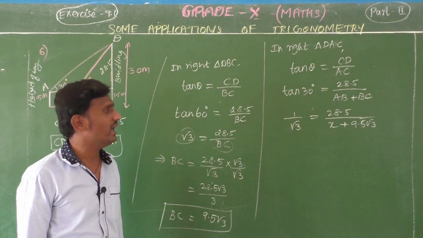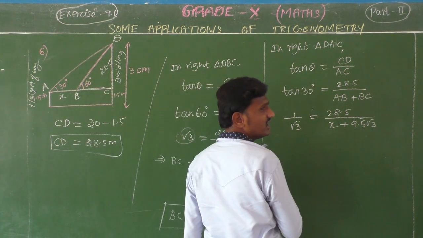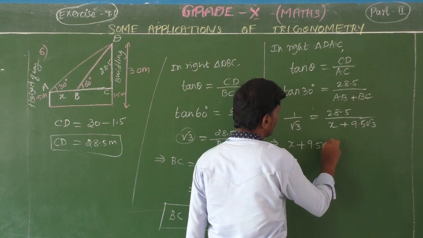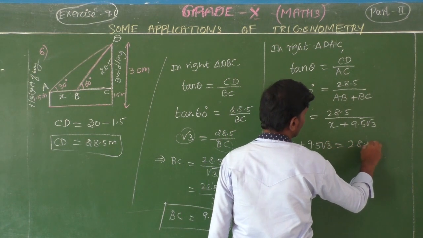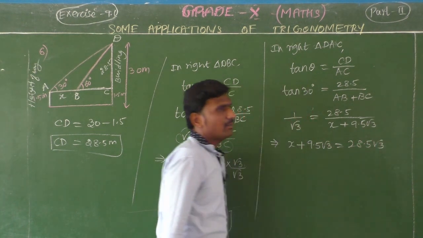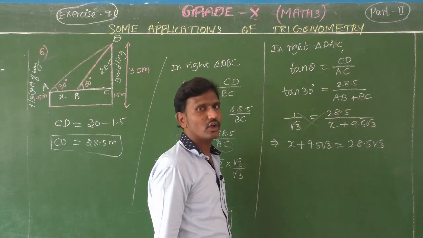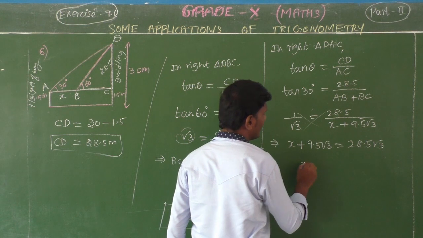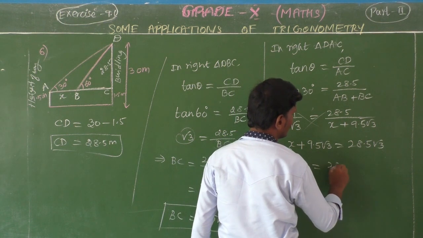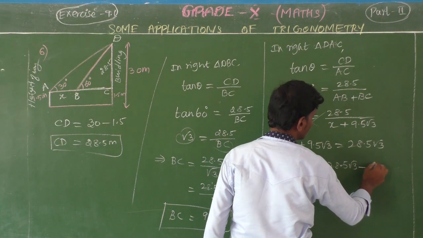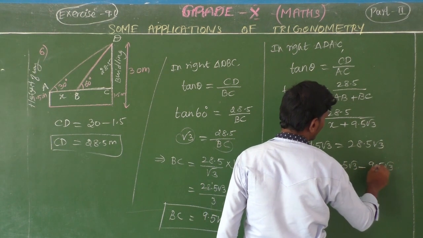Taking a cross multiplication, X plus 9.5 root 3 is equal to 28.5 root 3. Now I need only the value of X, which is 28.5 root 3 minus 9.5 root 3.